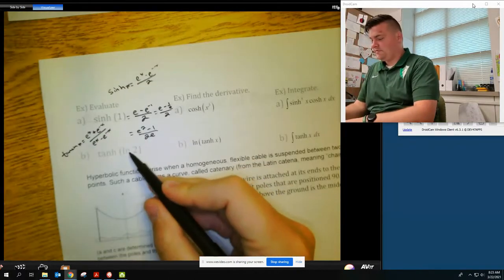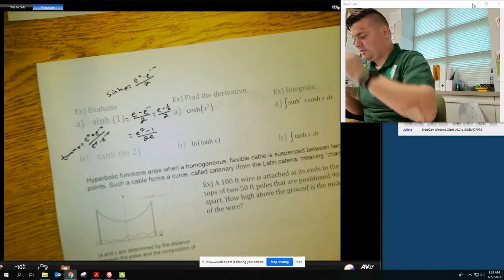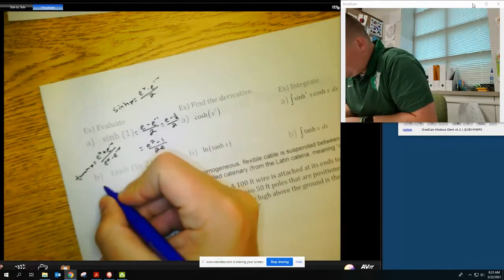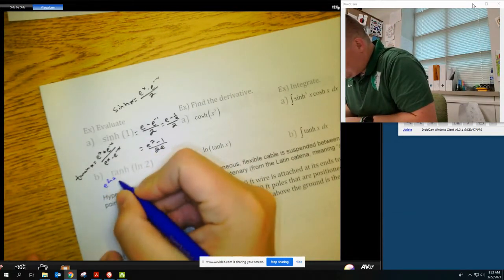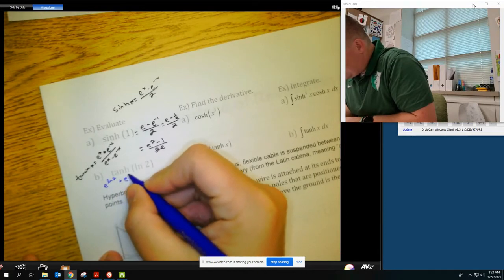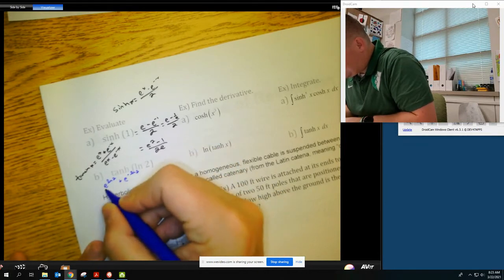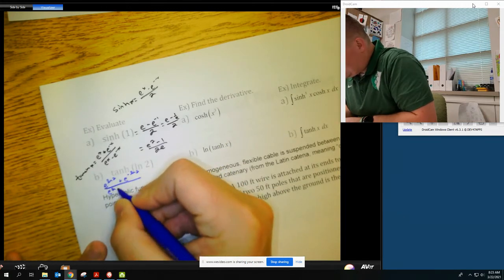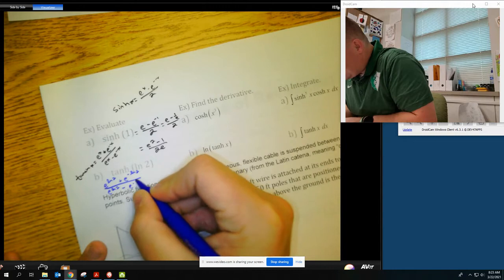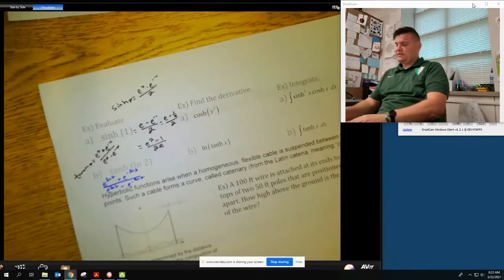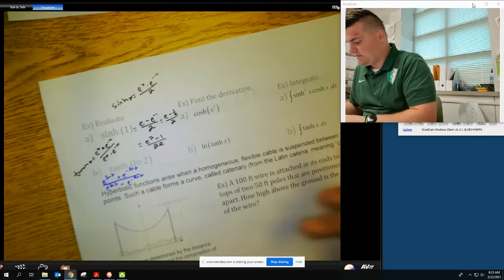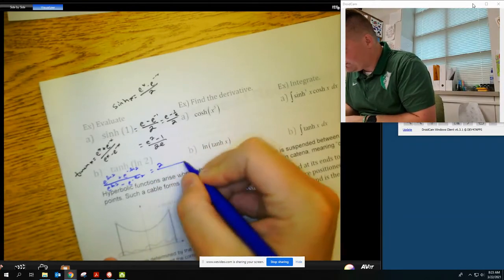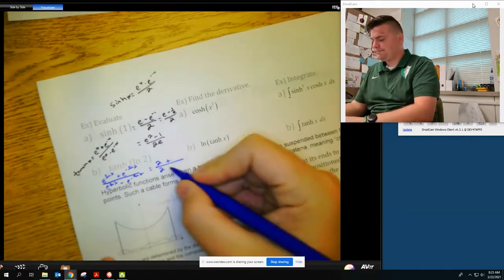So if we plug in ln of 2, we're going to end up with e to the ln of 2 minus e to the negative ln of 2, all over e to the ln of 2 plus e to the negative ln of 2. The e to the ln of 2s are just going to give me 2s. So that's going to be 2 minus something, over 2 plus something.